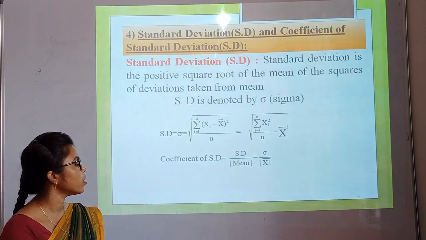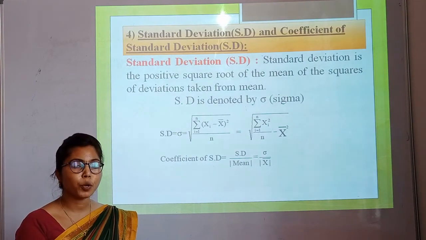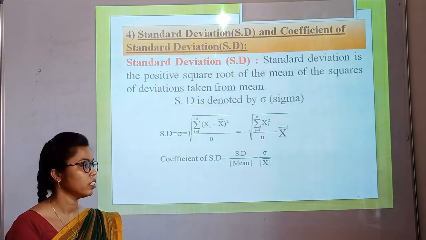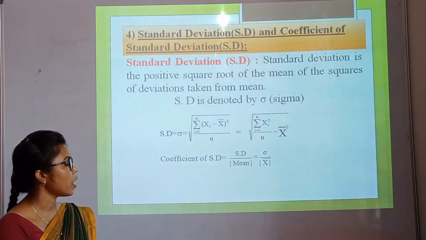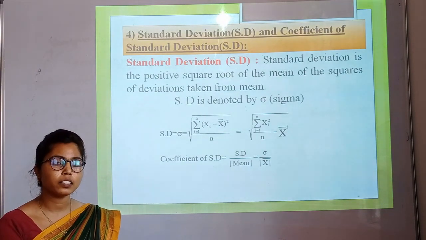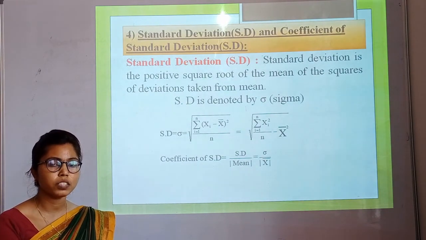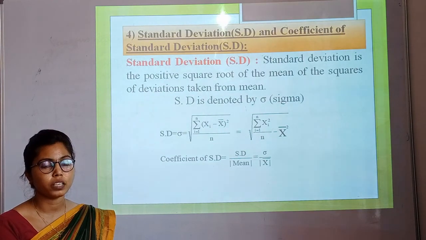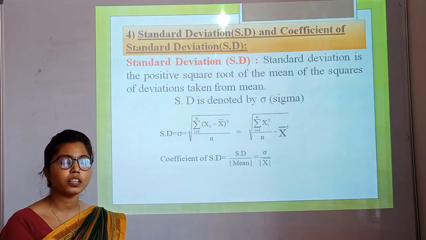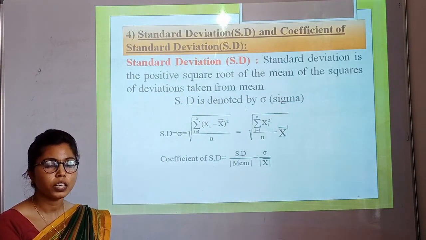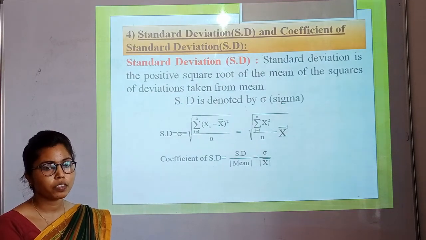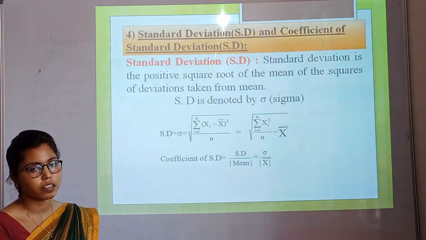This is the formula for individual data, and coefficient of standard deviation is equal to standard deviation divided by mean, the ratio of standard deviation and the absolute value of mean. If the mean is negative, convert it into a positive value, take its absolute value, then calculate the coefficient of standard deviation.